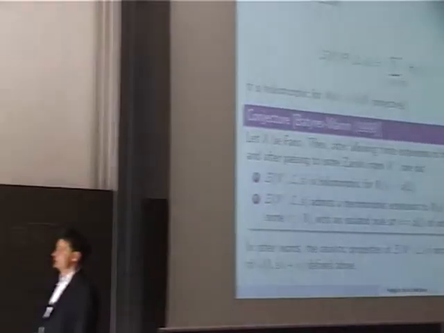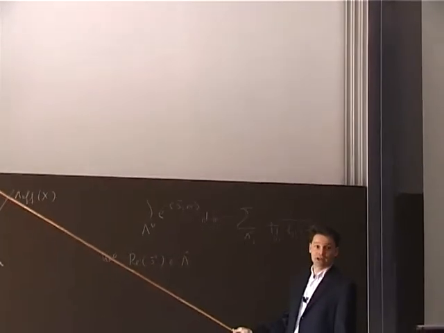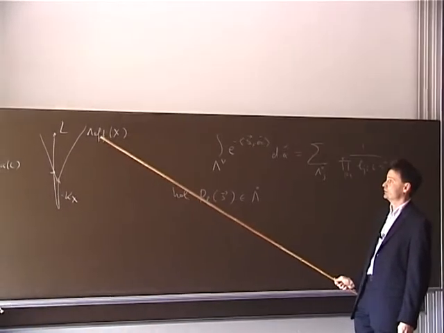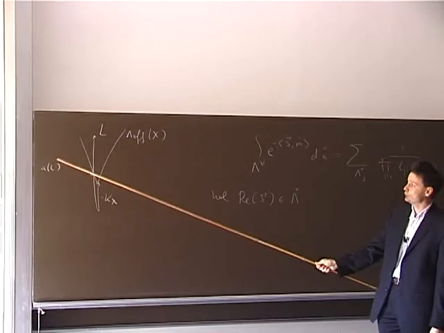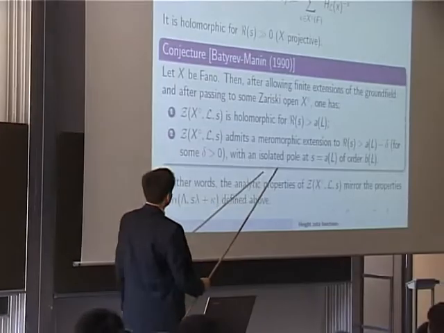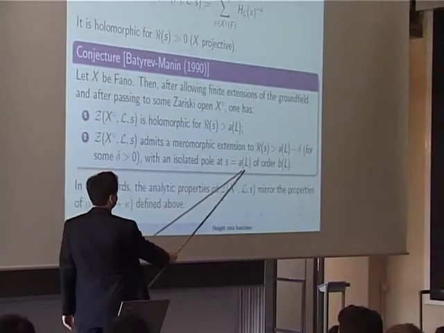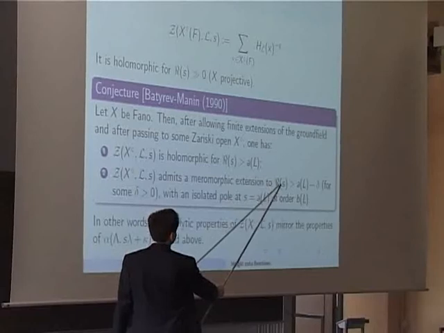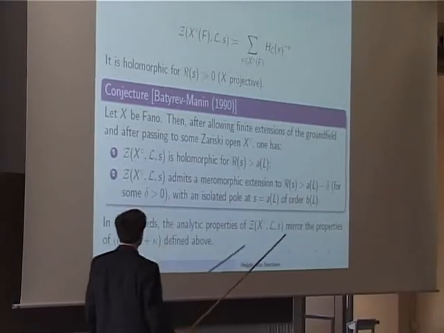So we have the effective cone, we have an ample line bundle in the interior of the effective cone, the anti-canonical is also in the effective cone, Fano case, so you get the number a(L). And b(L), that should be the order of the pole at s equals a(L), and there should be some meromorphic continuation to a(L) minus delta for some delta.